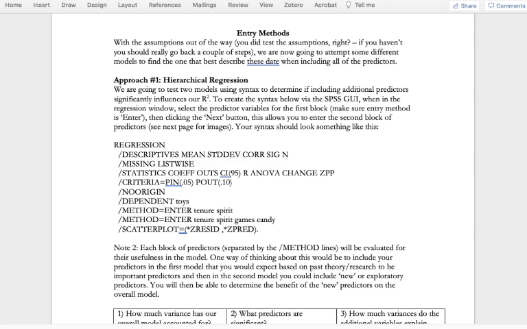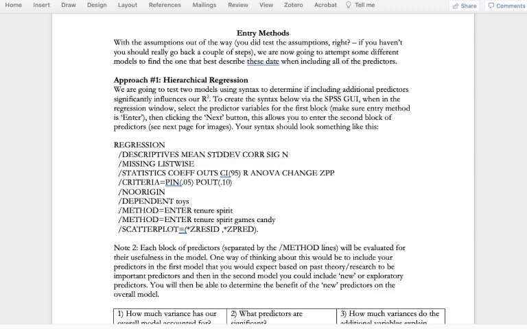I want to kind of level out the amount of variance that they're bringing into the model. And then I want to see if other things add anything useful on top of that. So, in this case, games and candy. Do games and candy help explain the number of toys made above and beyond what we already know based on tenure and spirit?